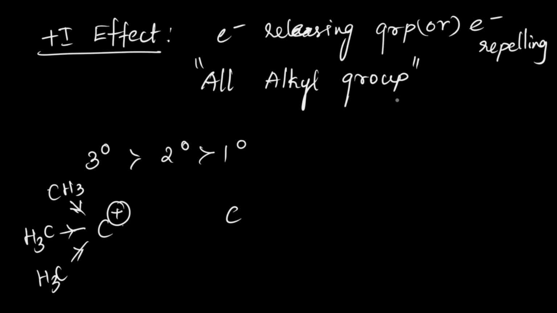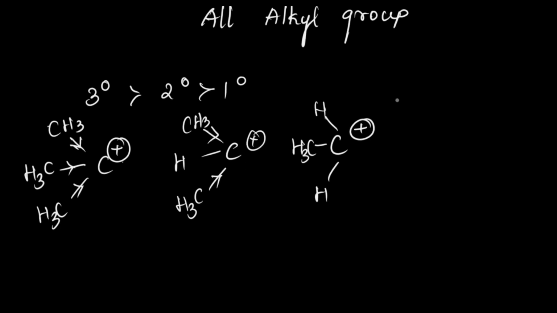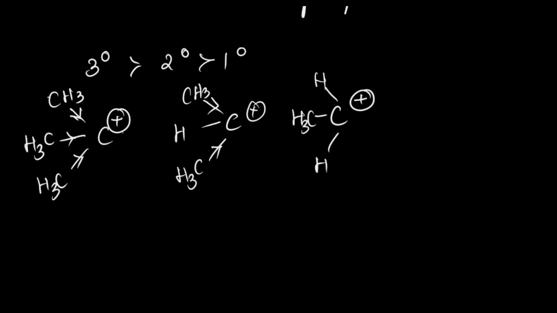And if I'm comparing it with secondary, what will happen? That has only two methyl groups. And primary will have only one methyl group. So that's why tertiary is more stable than secondary, then comes primary. Is it clear? This is super important. Whenever you are doing any reactions, this is much more important.